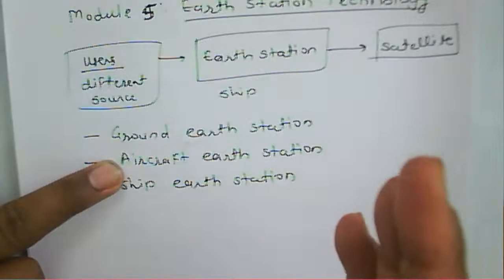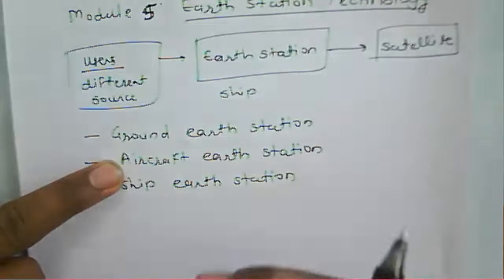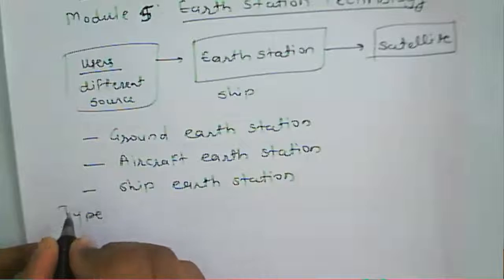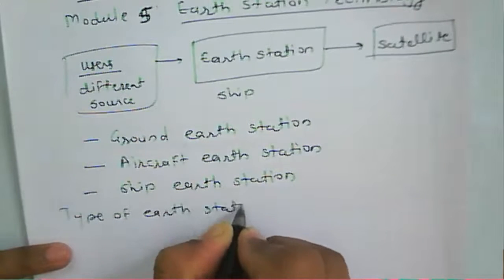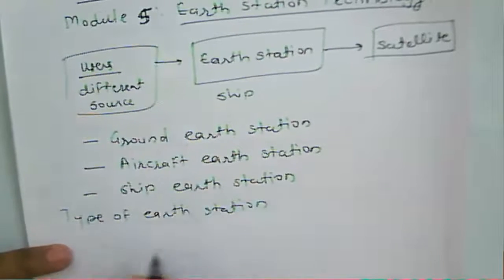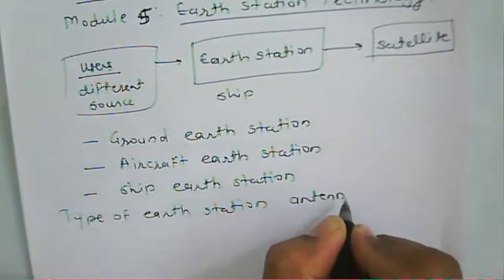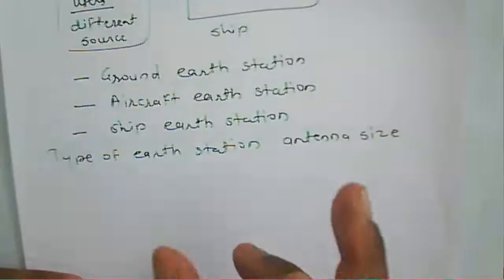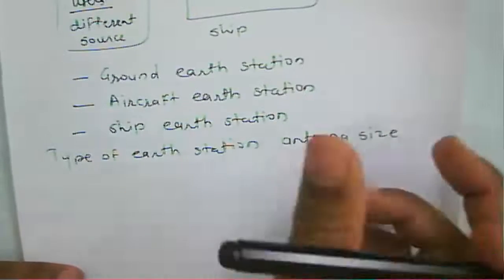If the size of that antenna is large, then we can say the type of earth station is based on the antenna size. If the antenna size is large, it is a large station. If the antenna size is medium, a medium earth station. If the antenna size is small, then a small earth station.